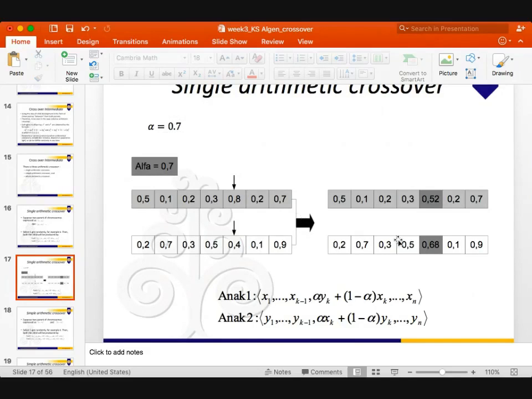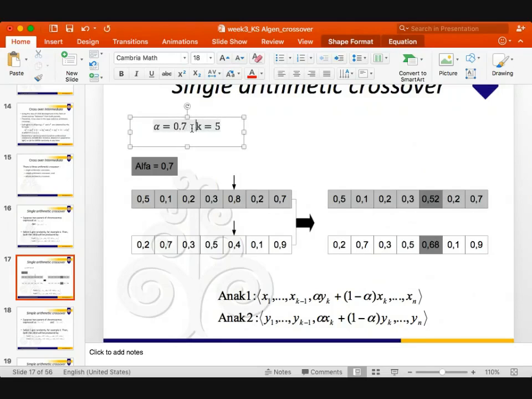Then we choose, for example, K equal to 5. So locus 5 will come from both genes, chromosome parent 1 and chromosome parent 2.